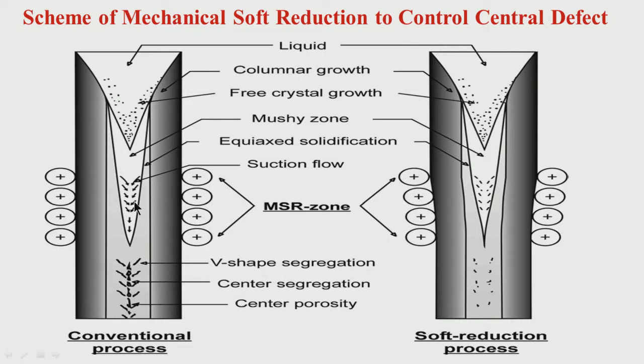Segregation is due to partitioning of the alloying elements I have mentioned. Phosphorus and sulfur will give you a heavy amount of segregation. So control is necessary, but even if these elements are less, even if the manganese to sulfur ratio is more, you can still have some amount of segregation.